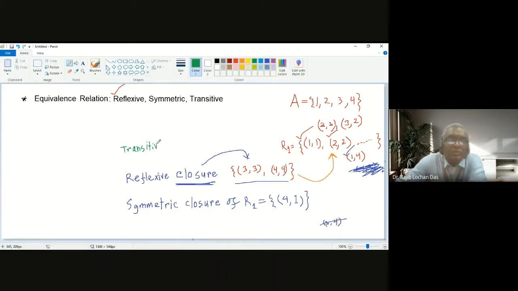Any idea? In this example, think and find out the transitive closure of R1.